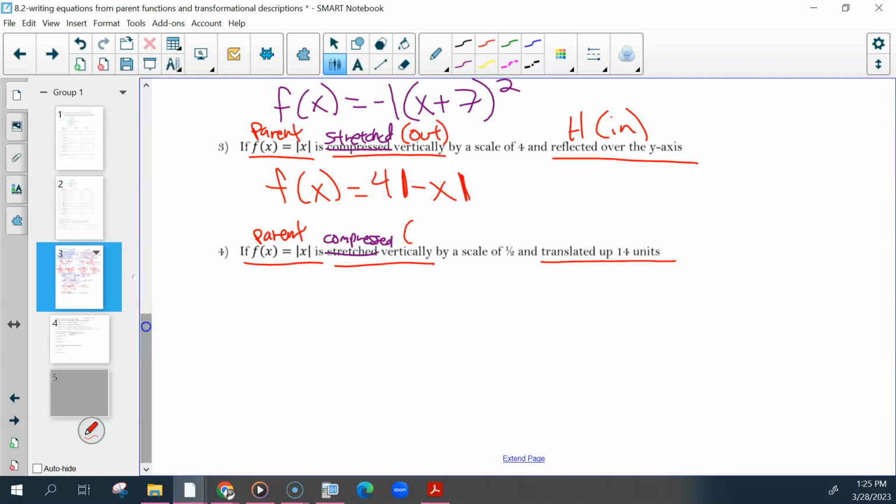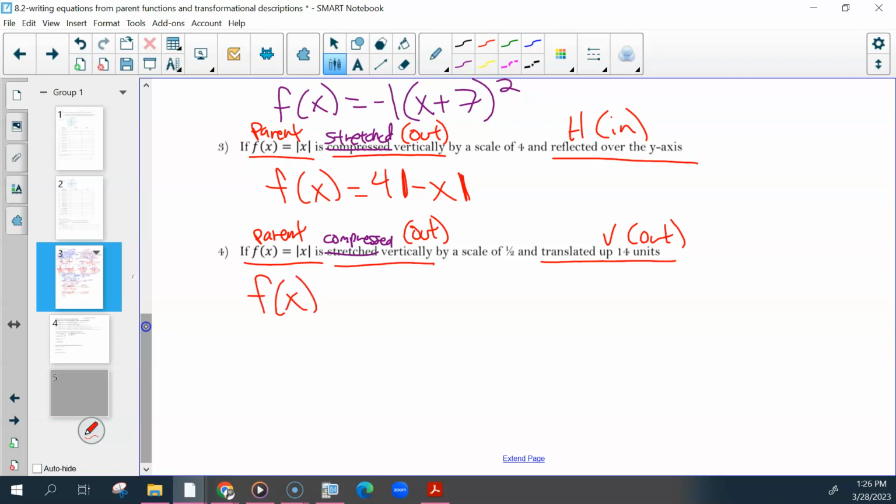Outside. And then translated up would be vertical or horizontal? Vertically, so that would also be outside. Sometimes that happens where you only have outside things or only have inside things. It depends on the function.